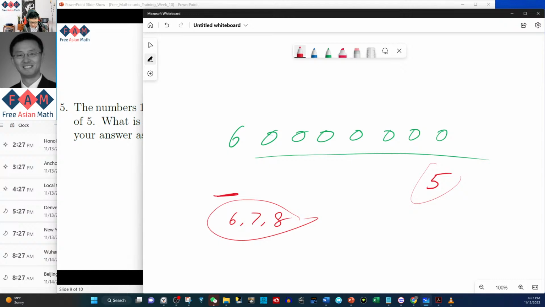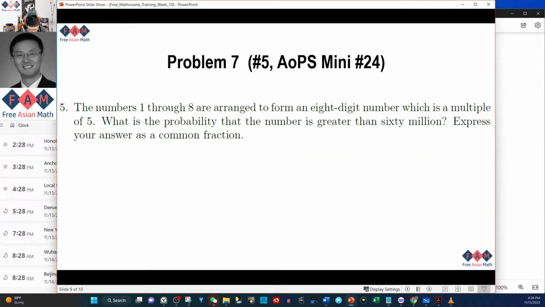But because it's random, for this first digit, how many possibilities? Other than 5, every digit is possible. So out of 7, you must have those 3 cases that can meet this condition. So the probability is simply 3 over 7. Okay, this is of course a very straightforward one.